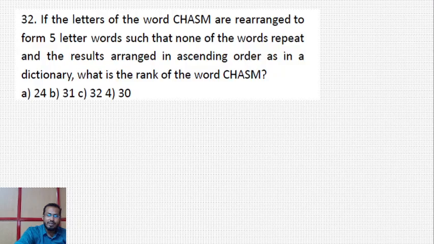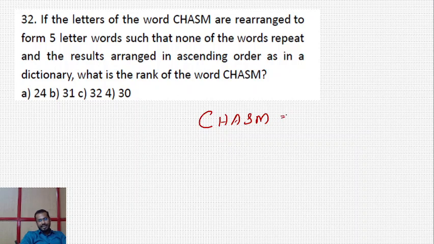Right, and this is the final question. If the letters of the word CHASM are rearranged into 5-letter words such that no letter repeats, and the results are arranged in ascending order as in the dictionary, what is the rank of CHASM?